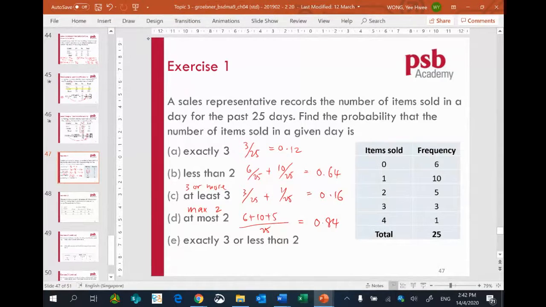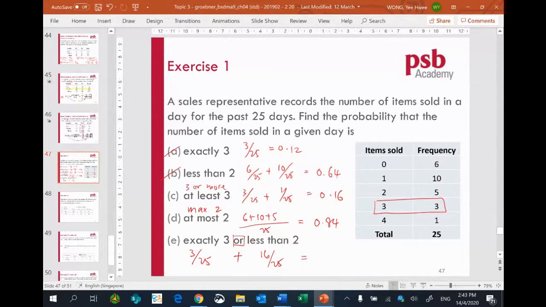Next, exactly 3. Or, okay, we have an or here. Means you're going to add. Exactly 3 is how much? 3 over 25. Less than 2 is from B. Okay, you get it, A and B. Less than 2 is 16 over 25, right?